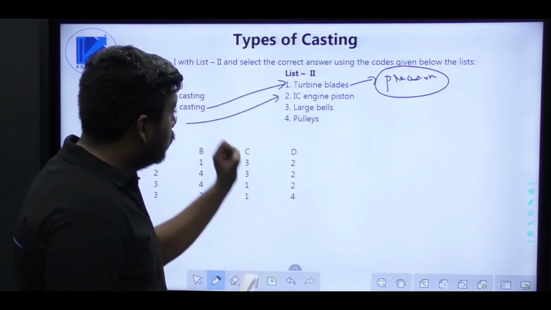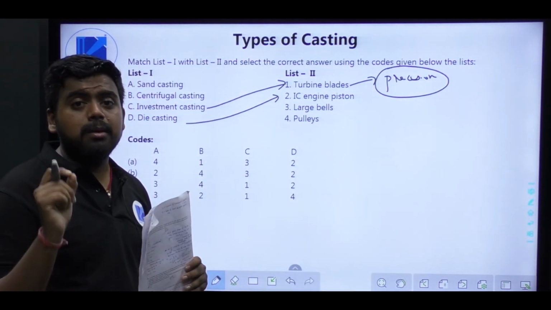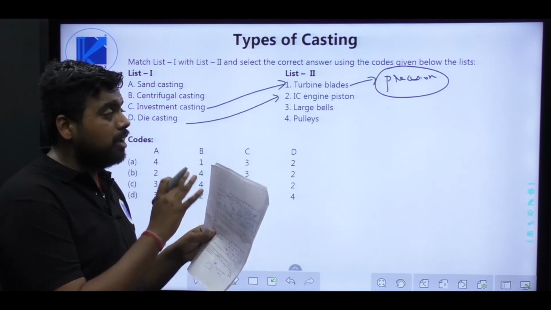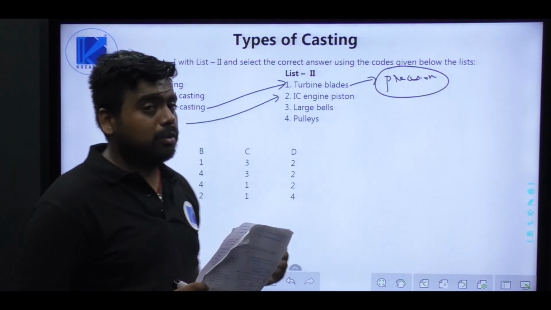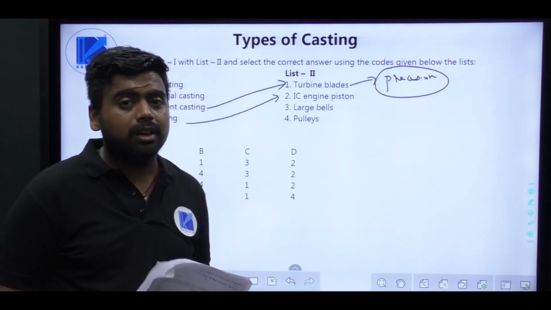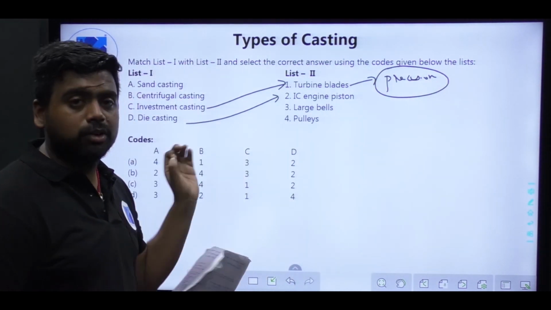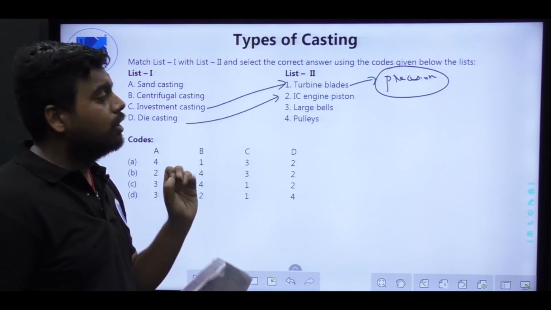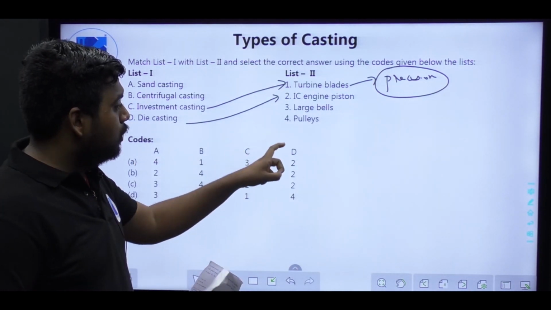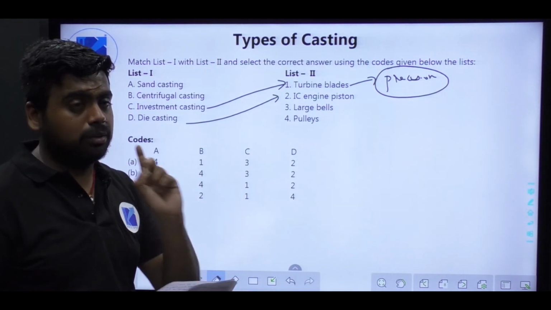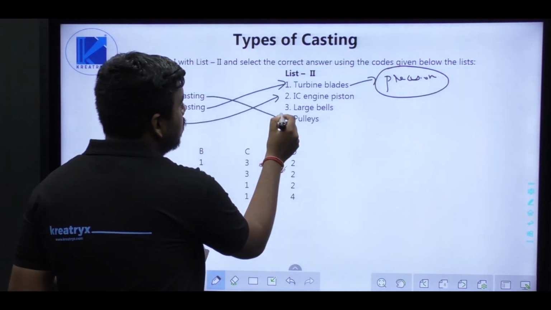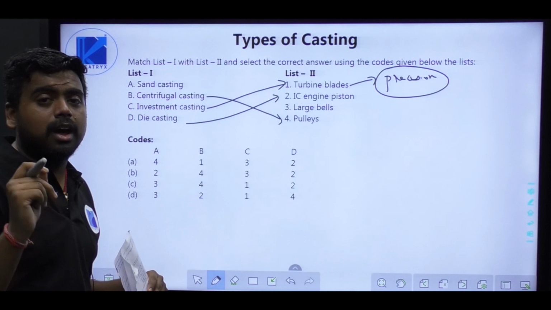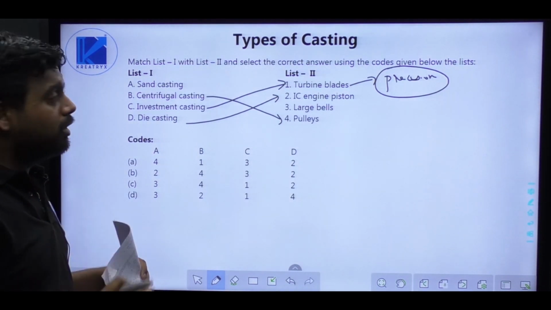See friends, pulleys require very high precision of the axis of symmetry. If the axis of symmetry of the pulley is not precise, then the whole purpose of the pulley will be defeated. So to fulfill that high precision axis of symmetry, pulleys are manufactured through centrifugal casting, because it gives very high precision axis of symmetry.